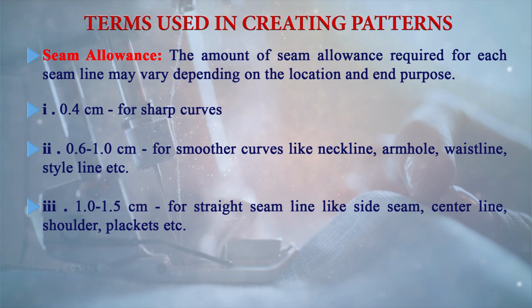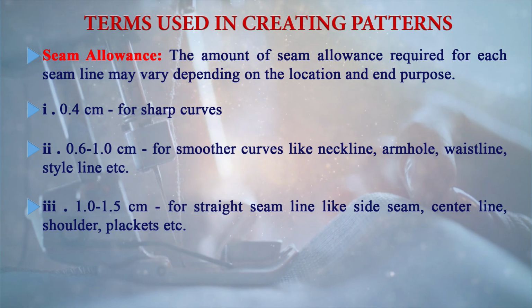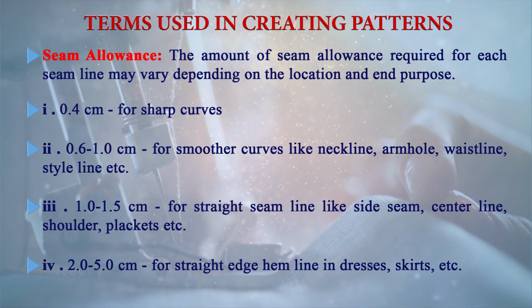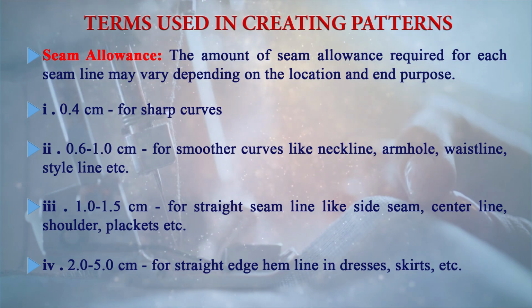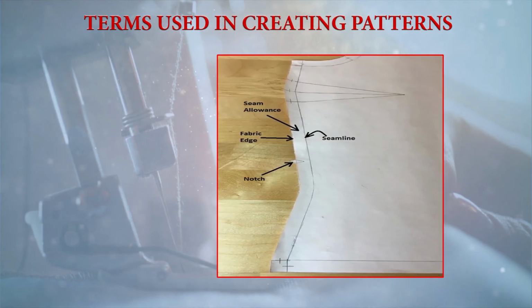For straight seam lines like side seam, center line, shoulder, plackets, we use 1 to 1.5 centimeter. Then for straight edges, like the hemline in dresses and skirts, we generally use 2 to 5 centimeter of seam allowance. So this is how the seam allowance looks.